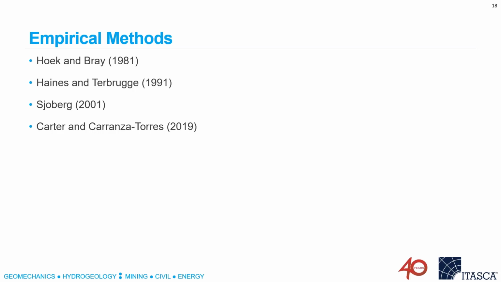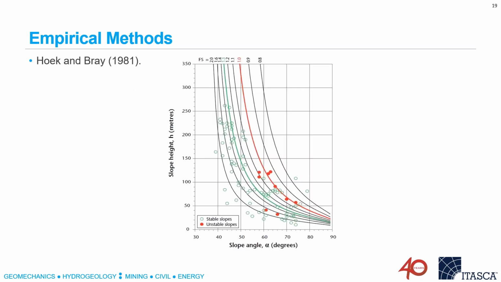Interestingly enough, these empirical methods seem to pop up about every 10 years. Looks like we missed 2011, but maybe there's one around. But they all are representations of slope instability. This is the first one by Hoek and Bray. And again, we have the slope angle on the horizontal axis, the slope height on the vertical axis.